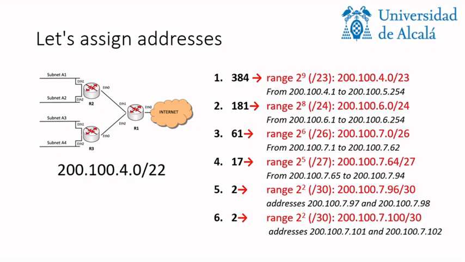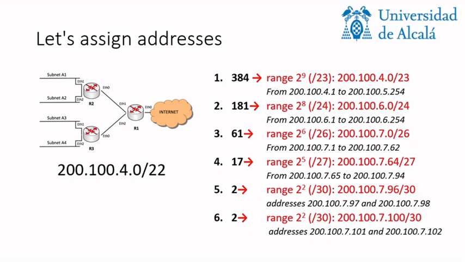In this first subnet, as the network address, we will use the lowest from all available ones, that is 200.100.4.0. As the mask is /23, the last available address will be 200.100.5.255, which represents the broadcast address.